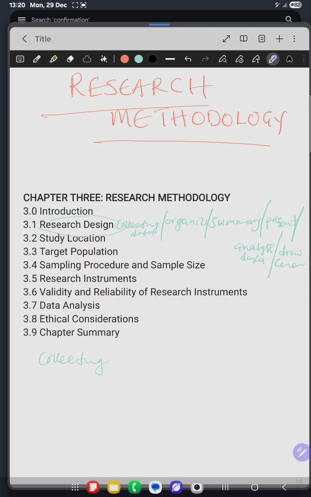If that is my topic, then my study population, we are looking at the area where we are conducting the research from. Okay, that is my study population. So it's sometimes called study population or study location. So for instance, if you are conducting your research in Chongwe district, then your study population becomes the Chongwe district.